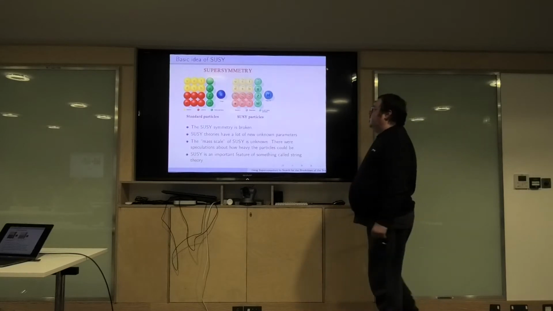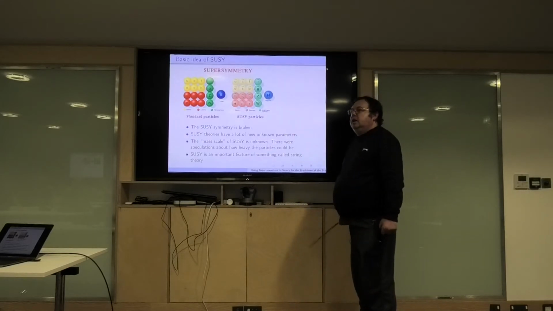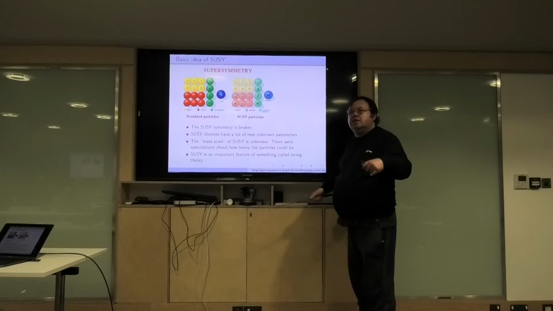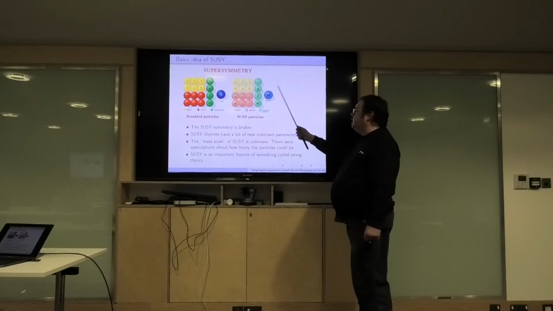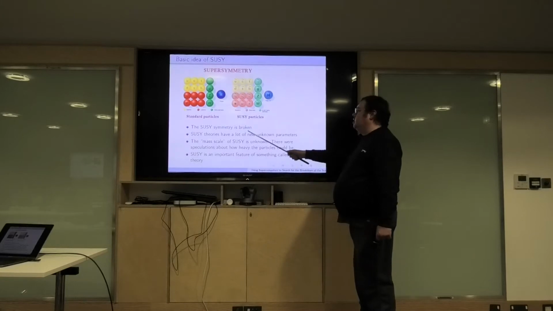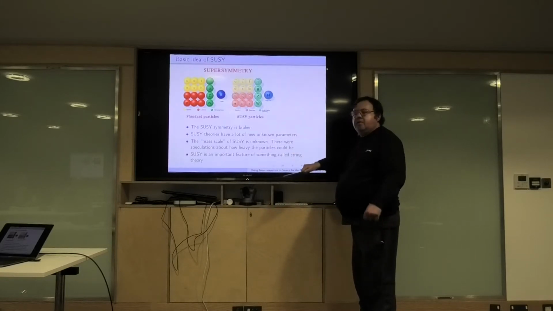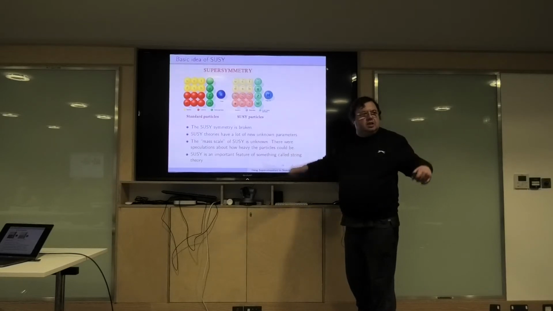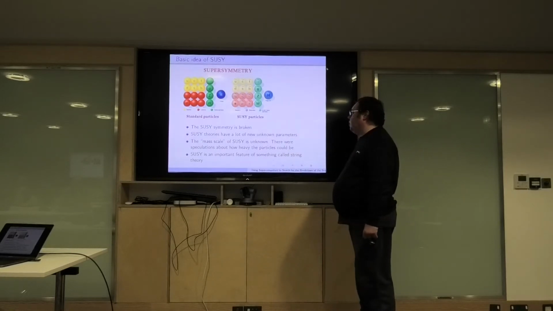Supersymmetry takes a direct copy of that. It's sort of a generalization of general relativity to the symmetry, and it just copies all these particles over. So there is a symmetry. The symmetry is technically broken because we don't see all of these things, so somehow they have to increase the masses in some way. And actually the new theories have a lot of unknown parameters.